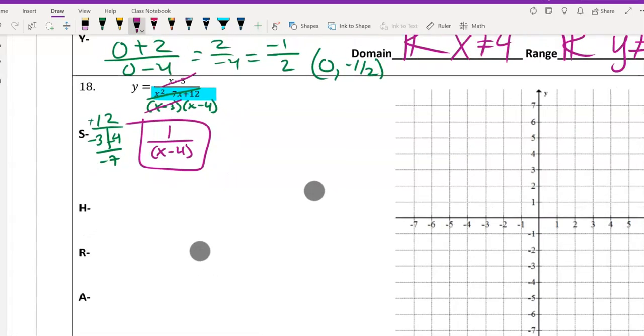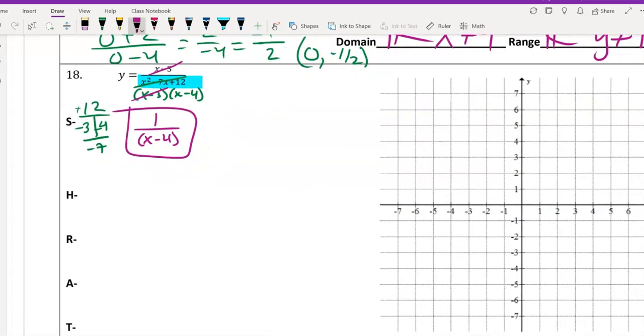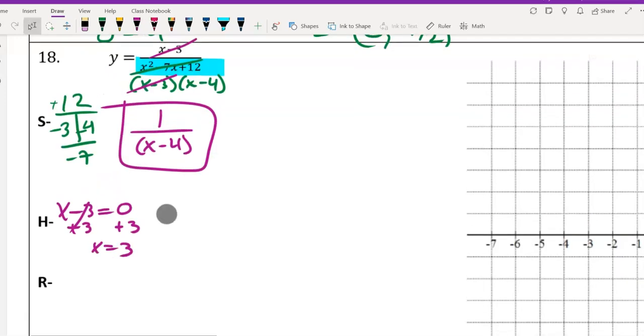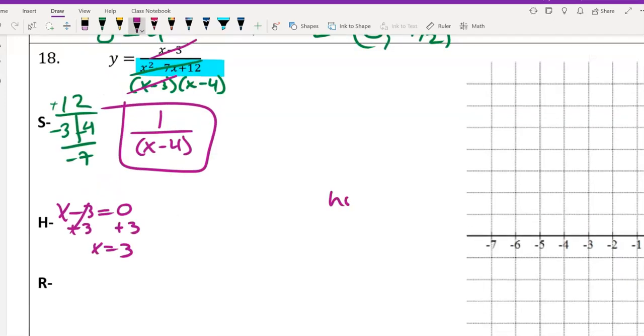All right, any holes? We take the canceled factor. What we canceled was x minus 3. So we're going to take x minus 3 and set it equal to 0. Solve for x. We get x equals 3. Now, the x value of the hole is 3. We don't know what the y value is yet.